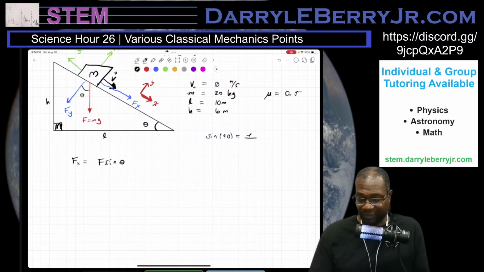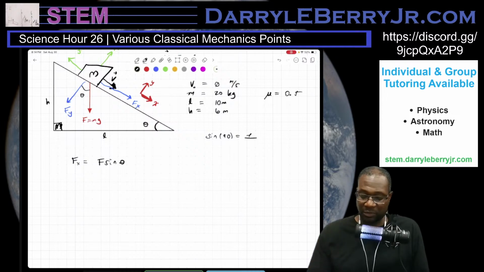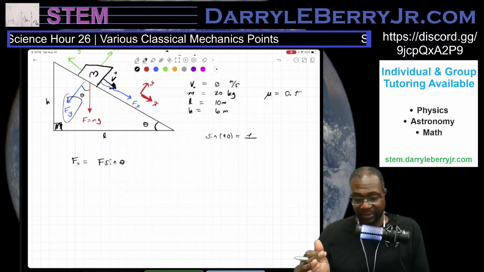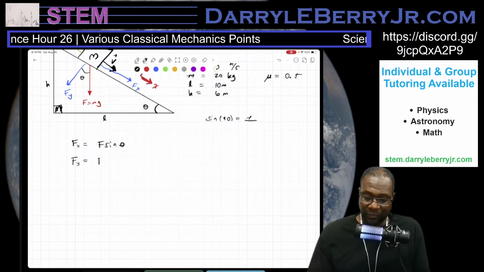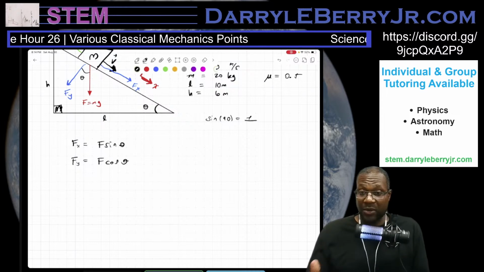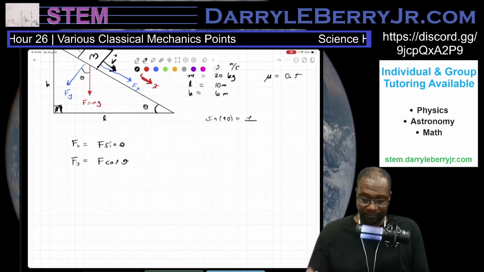And by the same token, if the ramp was tilted up 90 degrees, cosine would give us 0. And of course, this blue one here, it'll be horizontal to everything that's going, so 0 will be going in that direction. So Fy equals F cosine theta. And this gives us the amount of the force of gravity that's directed into either direction.